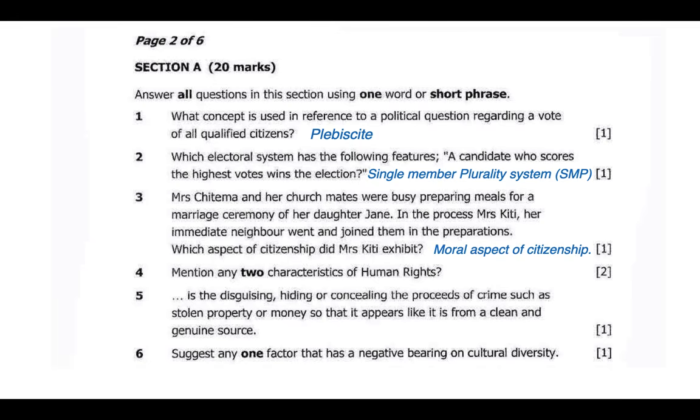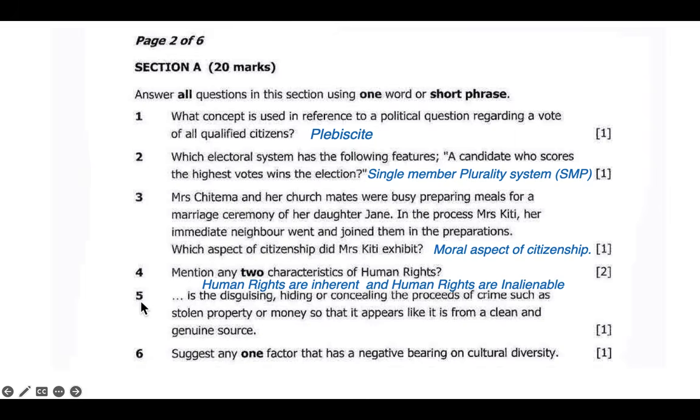The other one is that human rights are indivisible, sometimes said to be interrelated or interdependent. So you cannot divide the rights. So there are 4 characteristics, and we are told to write 2. So we can state human rights are inherent and human rights are inalienable. That's what we have for question 4.